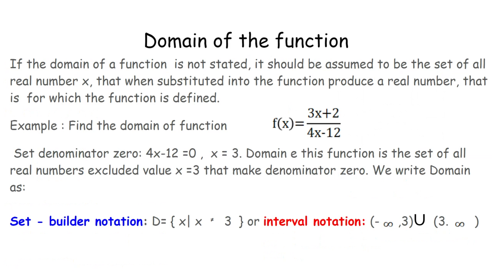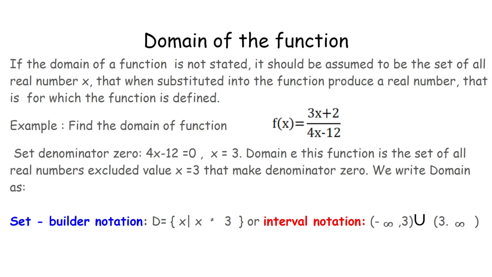Domain of a function. If the domain of a function is not stated, it should be assumed to be the set of all real numbers x that when substituted into the function produce a real number, that is, for which the function is defined.